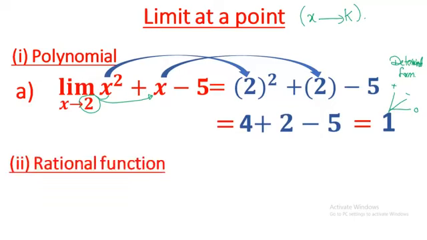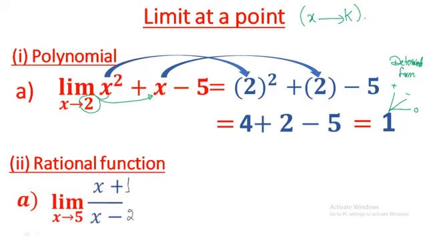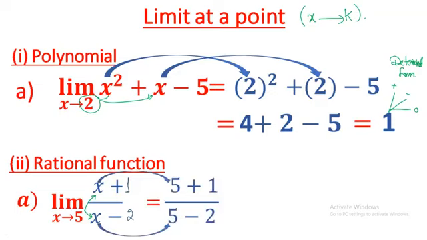Now, if I have a rational function, for example, limit as x tends to 5 of the rational function x plus 1 over x minus 2, then we will substitute 5 instead of each x, and we will get 5 plus 1 in the numerator and 5 minus 2 in the denominator, and the answer will be 6 over 3, which is 2.